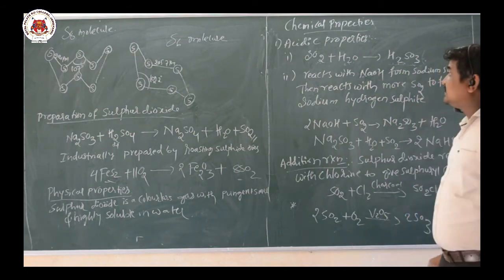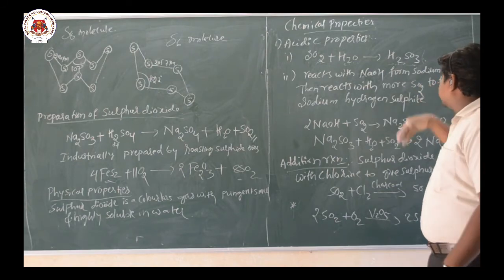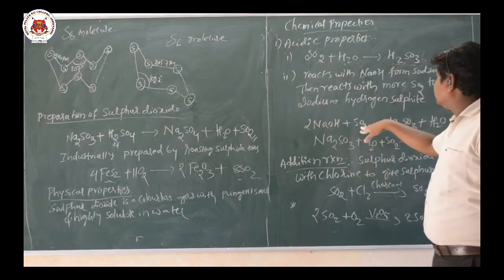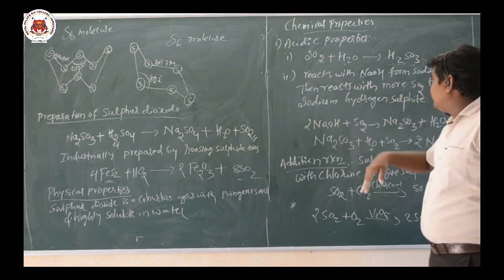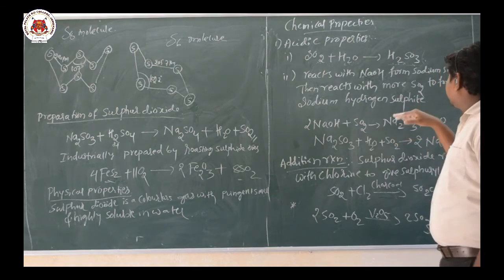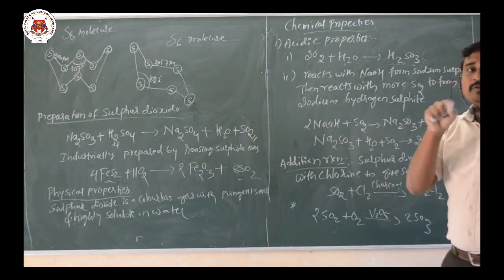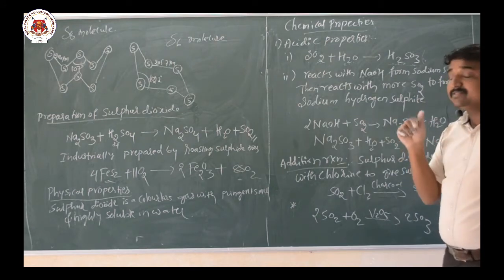Now the second one, when it reacts with sodium hydroxide. Sulfur dioxide reacts with sodium hydroxide, forming sodium sulfite, Na2SO3. Na2SO4 means sodium sulfate, but here Na2SO3, sodium sulfite, is formed.